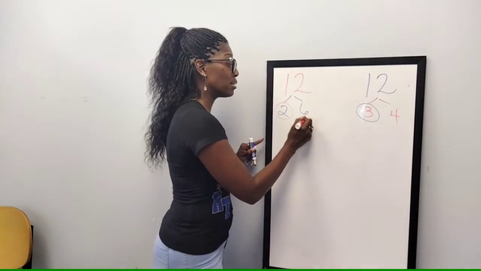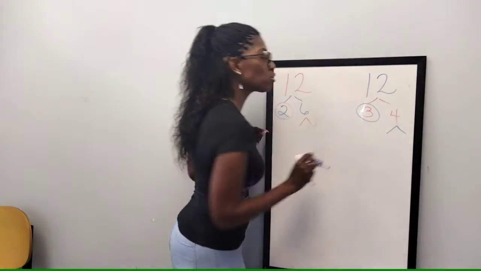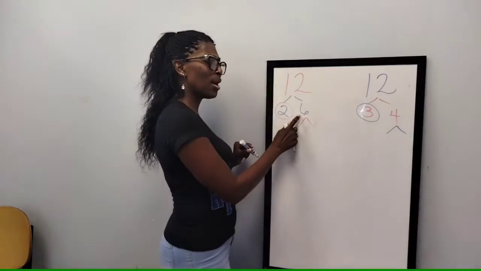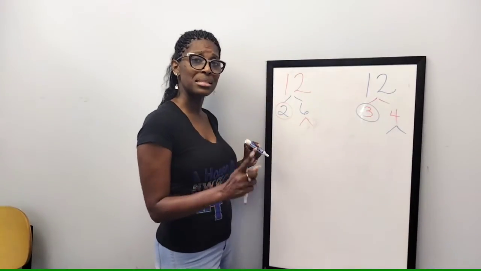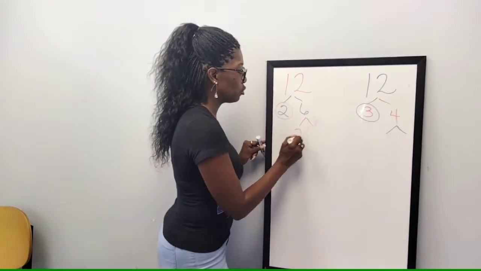6 is composite because it has more than 2 factors. 4 is also composite because it has more than 2. What numbers outside of 1 and 6 give you 6 when multiplied? 2 and 3.